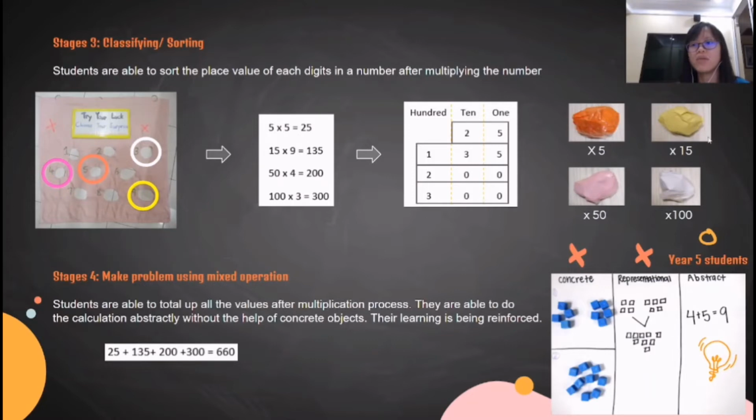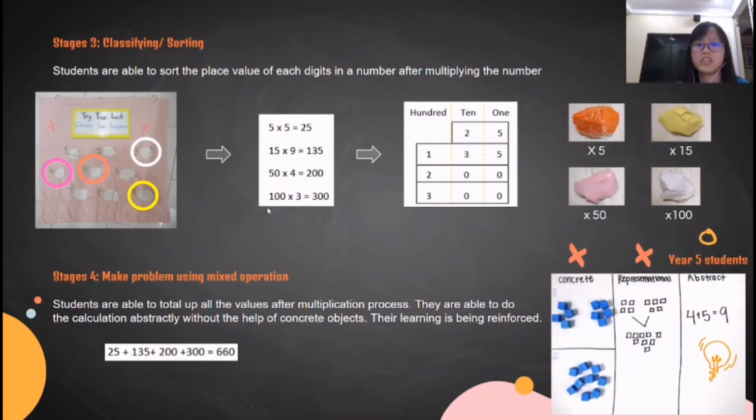Then the second ball, the yellow ball times 15, the student throws into the value of 9, so he or she will need to multiply 15 times 9. And third, the pink ball, the student throws in the hole of 4, then he or she needs to take 50 times 4. And then the last ball, the white ball, the value is times 100. Then the student throws into the hole of 3.